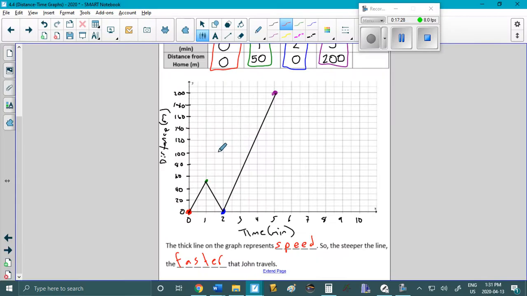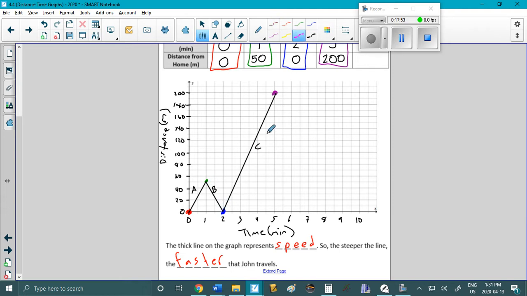But what you could do here is you could call these section A, B, and C. And in section A, he travels 50 meters in 1 minute away from home. That's 50 meters per minute if you divide. In section 2, it takes another 1 minute to go 50 meters towards home, 50 meters per minute.